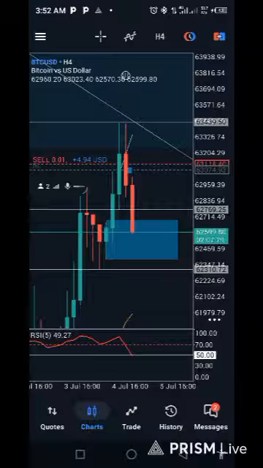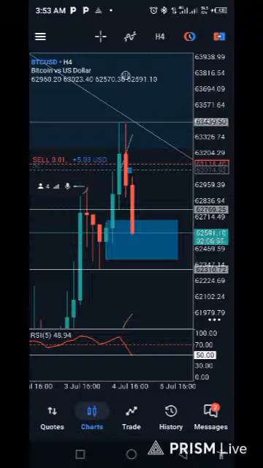Calculate all your stop losses. It's a waste because you have wasted it. So instead of stop loss, why don't you say stop profit? Change it to stop profit. So it should be stop profit or take profit instead of stop loss.